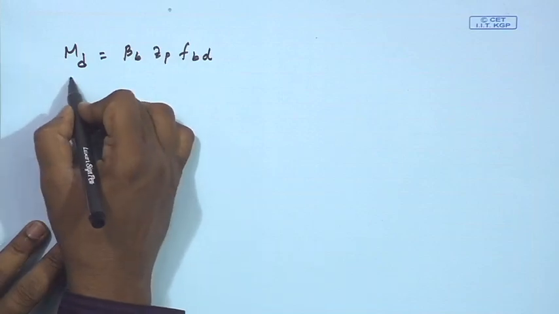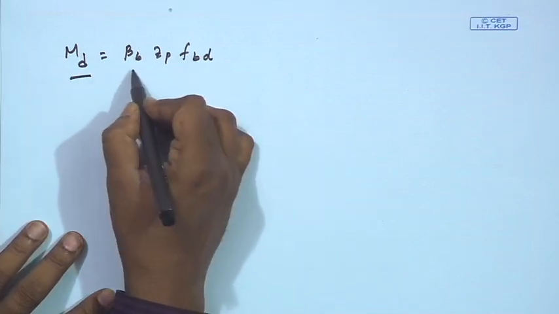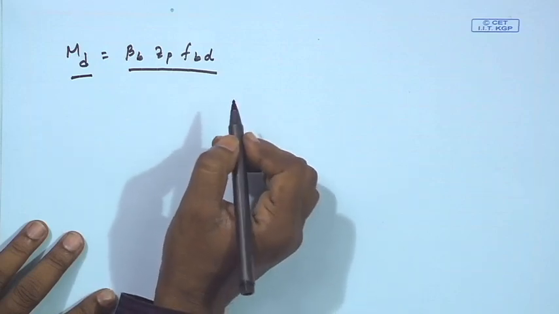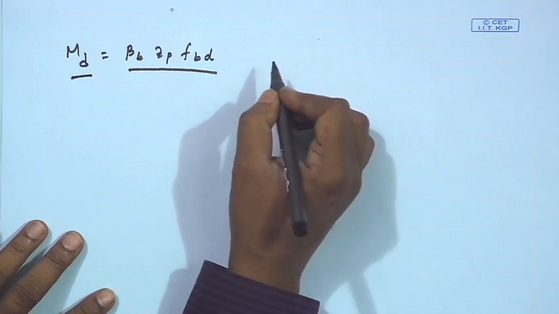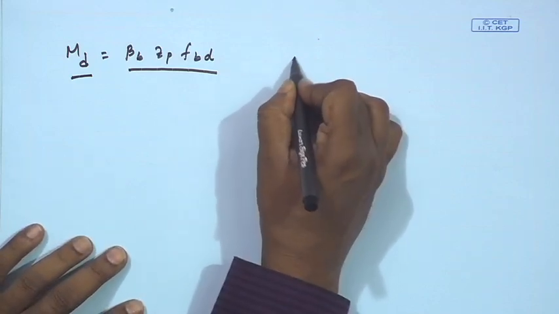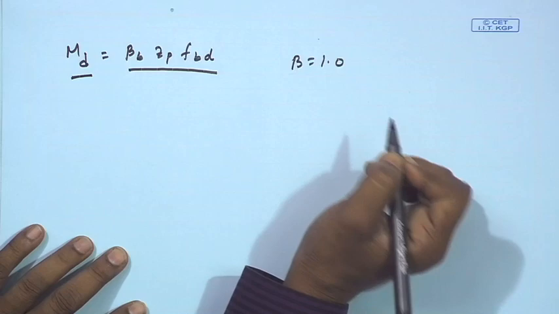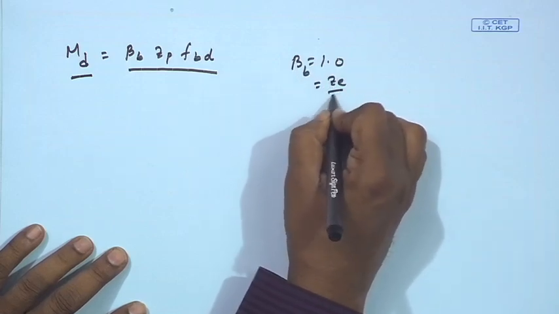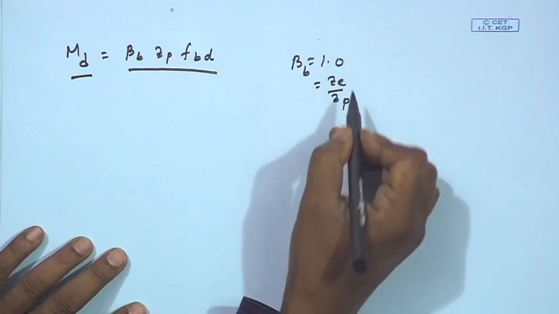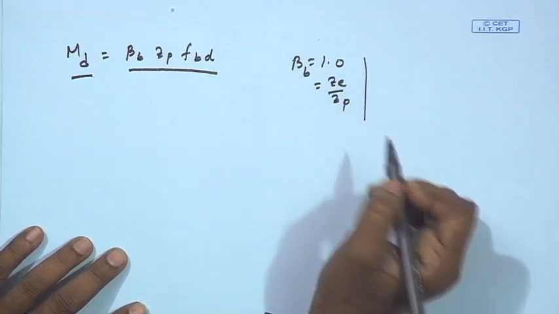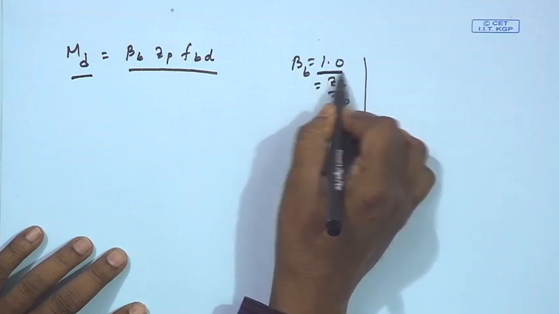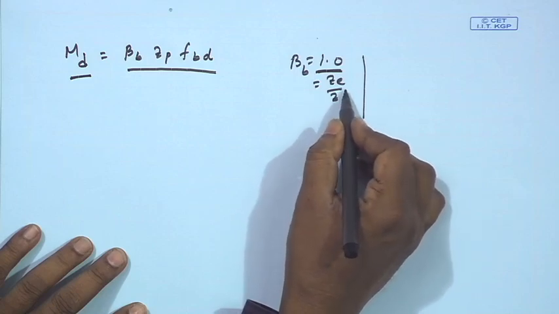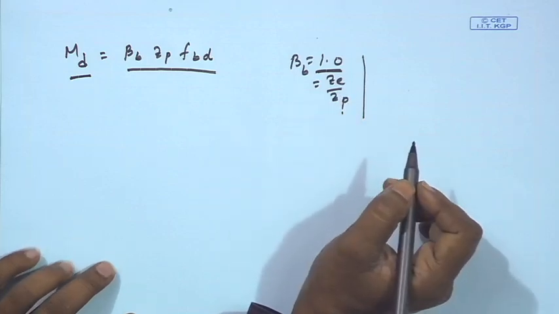So, the design bending strength of laterally unsupported beam can be written as ZP into FBD into beta B, where beta B we can consider as 1.0 for compact and plastic section, and we can consider as ZE by ZP for semi compact section. So, depending on the type of section, the beta B value will be either 1 for compact or plastic section, or the ratio of ZE by ZP for semi compact section.